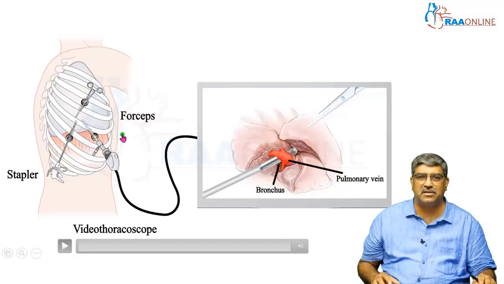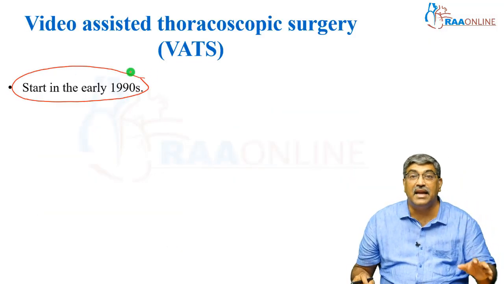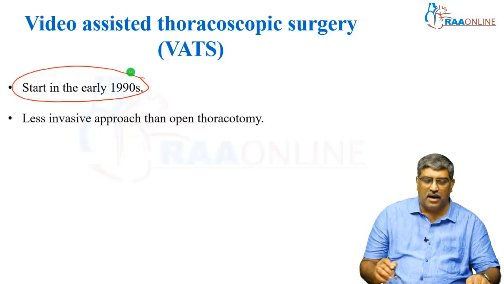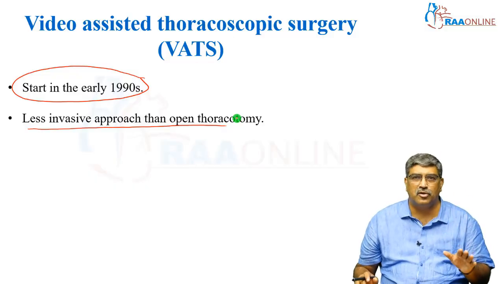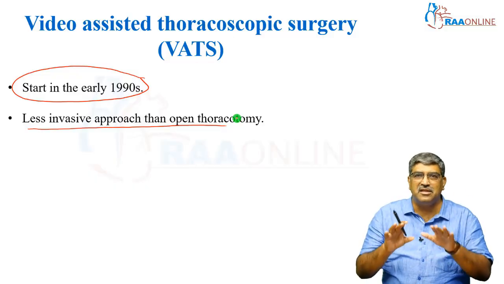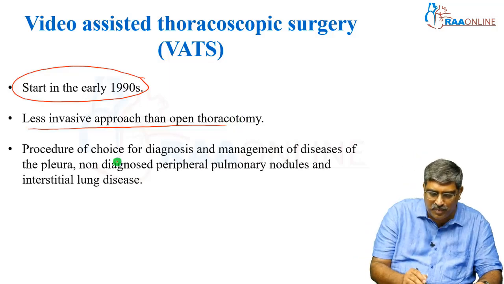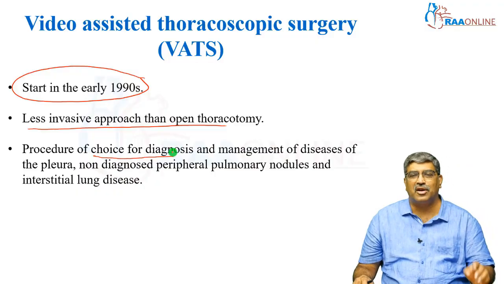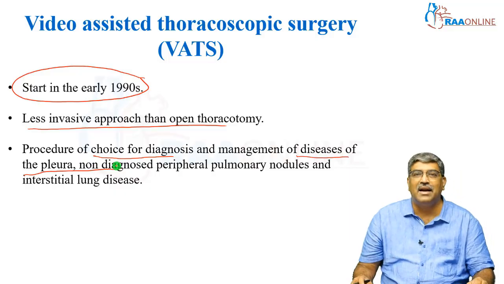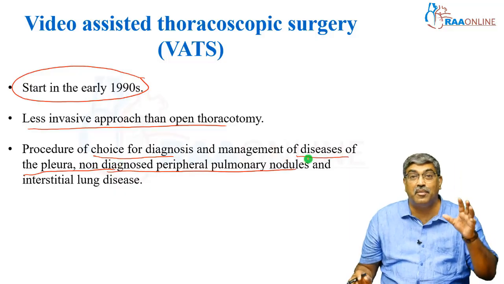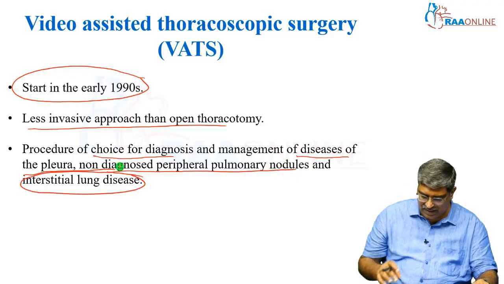This video assisted thoracoscopy started in the early 1990s, and this is a less invasive approach than an open thoracotomy. The invasiveness is very minimal when compared to open thoracotomy, and this is the procedure of choice for diagnosis and management of disease of the pleura, undiagnosed peripheral pulmonary nodules, particularly peripheral pulmonary nodules, and interstitial lung disease.